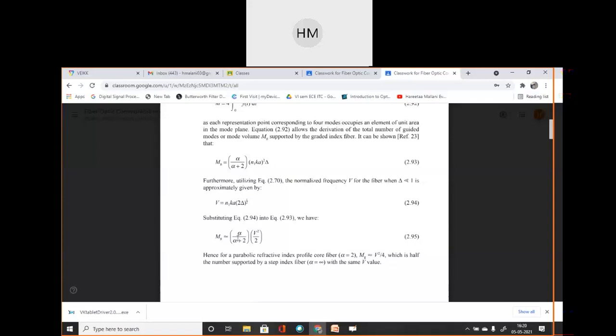Substitute the value of alpha as 2 and find Mg. So what value of Mg will you get here?